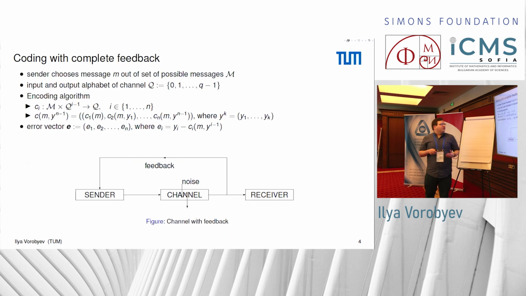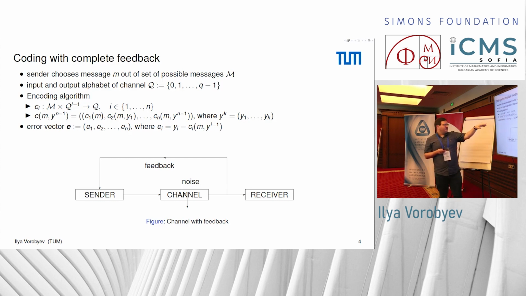So we can formally define what coding with complete feedback is. We just have some set of possible messages, and the sender chooses one of the messages. We have input and output alphabets, and basically the sender has an encoding algorithm which, for each message and each prefix, gives the next symbol.